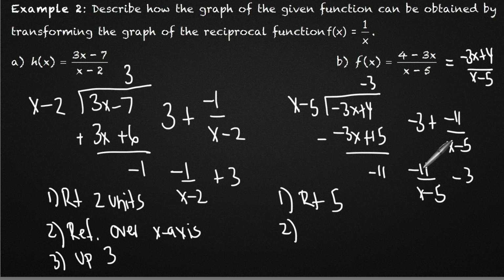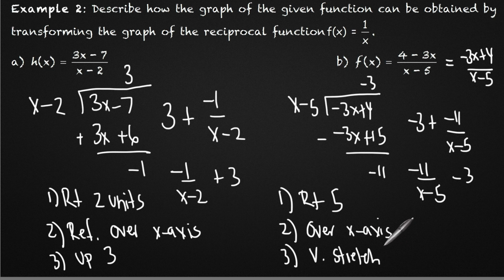We have a reflection over the x-axis. I see a vertical stretch by 11 because we're multiplying the whole function by 11, so vertical stretch by 11. And then I see, as always, the last one is up and down, so down 3 units.